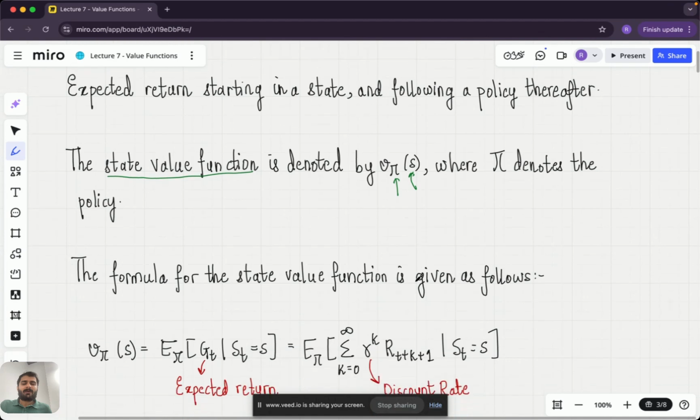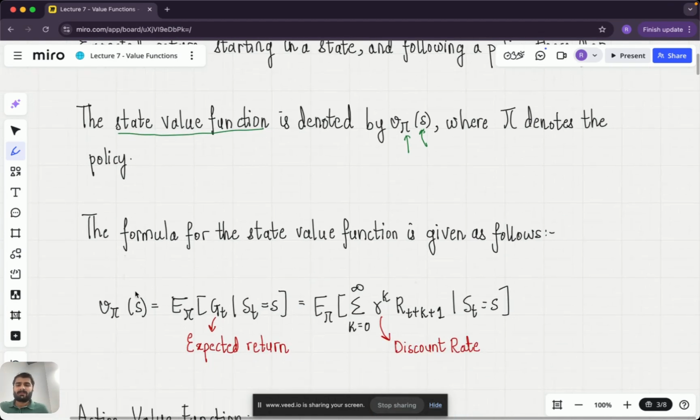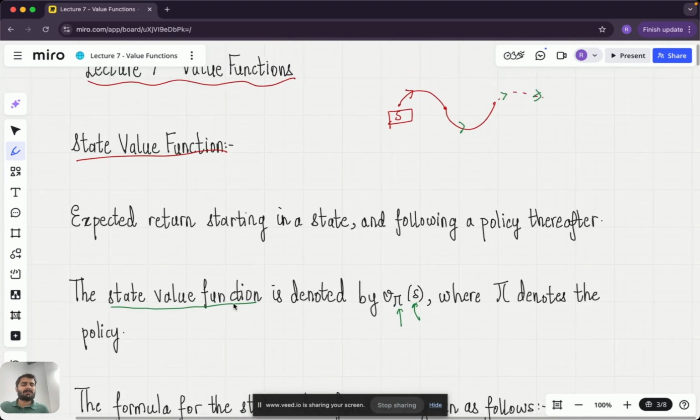So the formula for the state value function is given as follows. V pi of s is equal to... okay, before I go to that, let's try to understand it without looking at the formula. So remember we saw that G of t is the expected return, and what was this expected return?